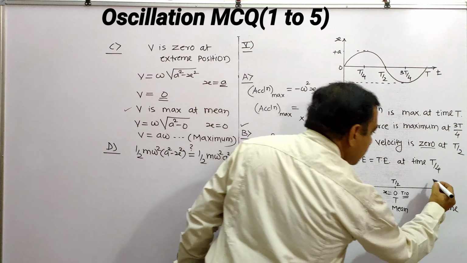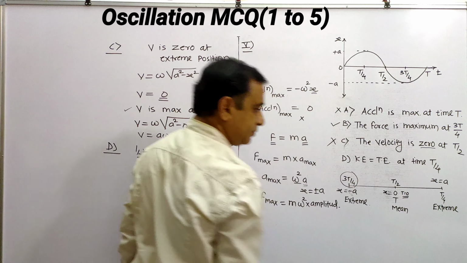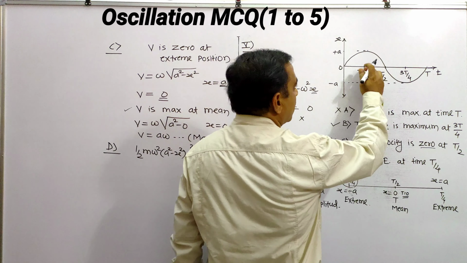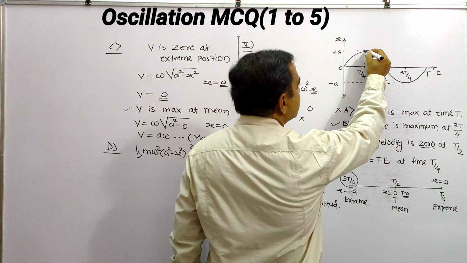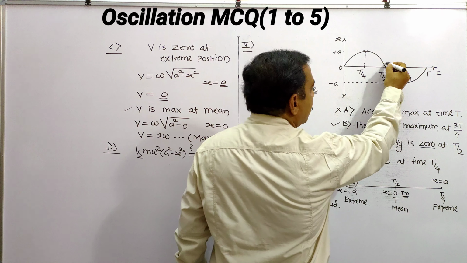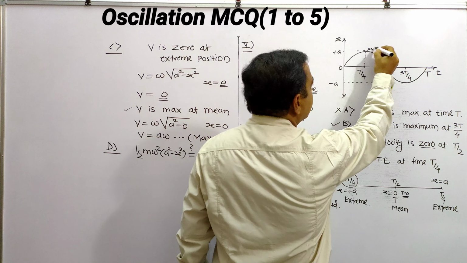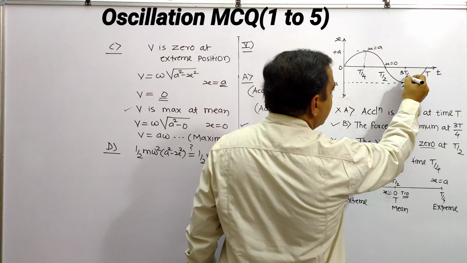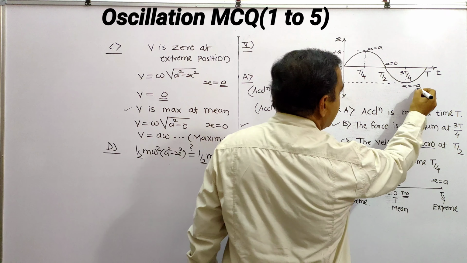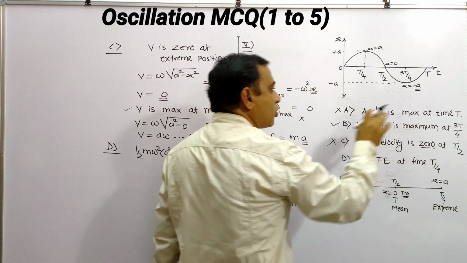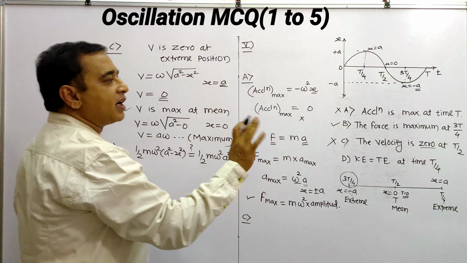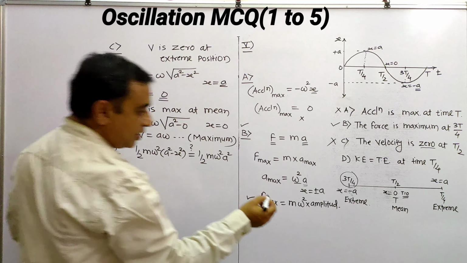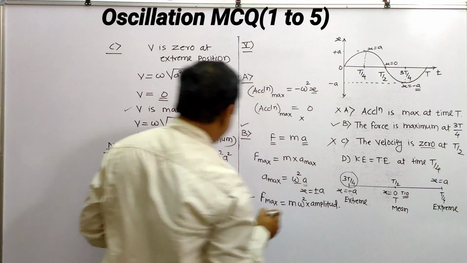At T by 4 we know that x is equal to A. That means it is having the maximum amplitude. Here x is equal to 0, x is equal to A, and x is equal to minus A. But magnitude-wise, at this position 3T by 4, x is equal to minus A, and if I take the magnitude it is plus. So at T by 4, x is equal to A.